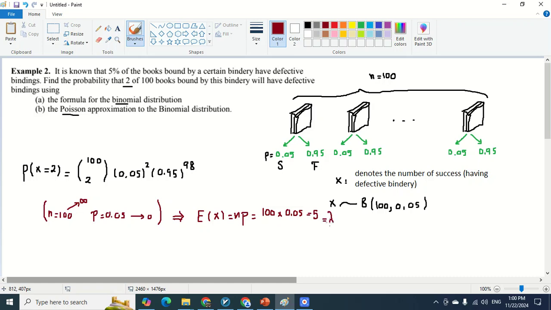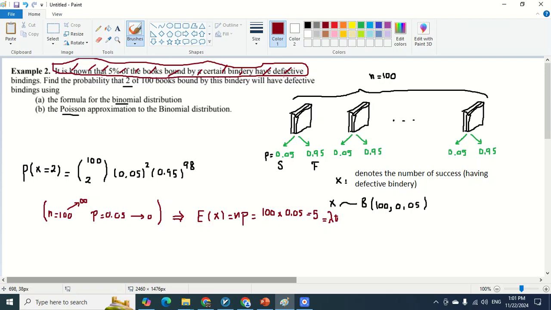It means that I can change the question like this. I can remove this part of the question to understand the concept of the Poisson distribution. We can say that based on a previous experiment, we realized that 5 books will be defective in a line of production in one bindery shop.